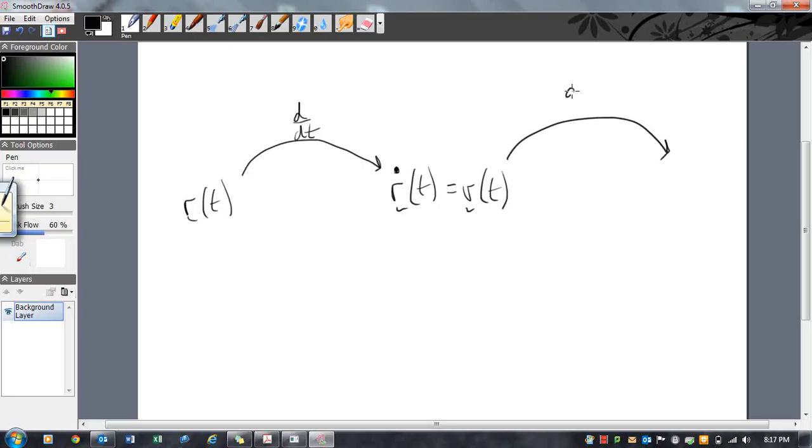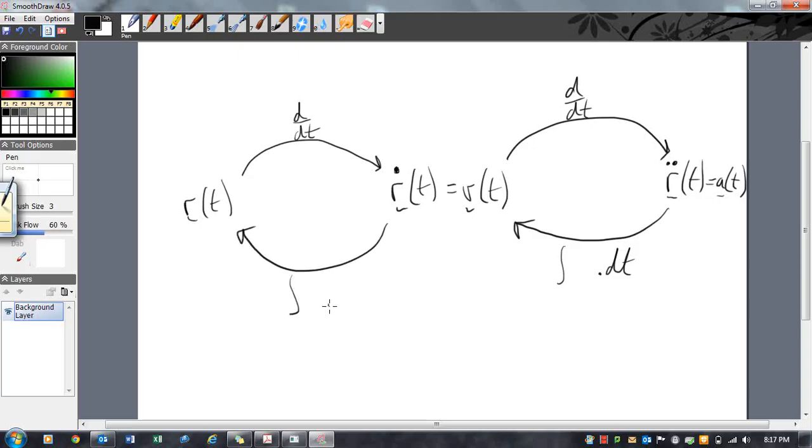Again, if we differentiate again, we end up with r double dot of t, the second derivative of our position vector, and that's the acceleration. You can write it as acceleration, but in most of your exams it'll be written r double dot. And again, you can go backwards by taking the antiderivative with respect to t. That's what we're going to be covering in this video.